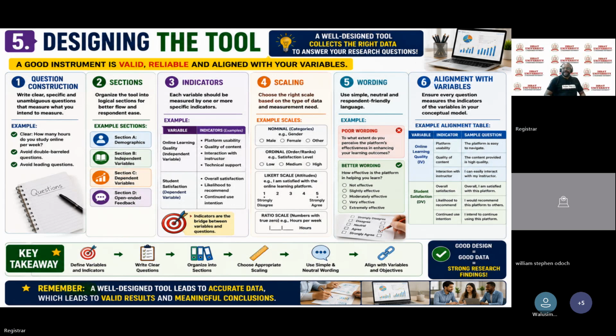But I'll suggest, if you want to get proper data, proper information from your respondent, better use simple, neutral, respondent-friendly language. You have to understand what category of people you are going to, and depending upon that, you have to design.